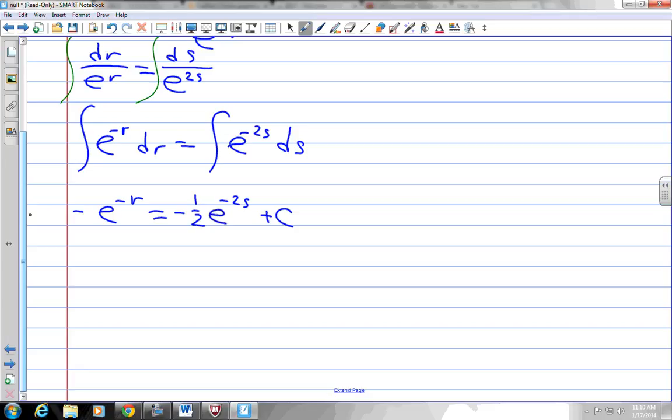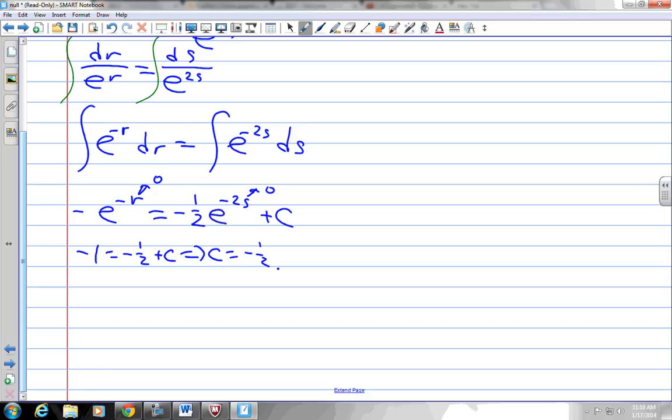But as it's written right now, what is c? If you put in 0, 0, this is negative 1 equals negative 1/2 plus c. So what is c? Negative 1/2.